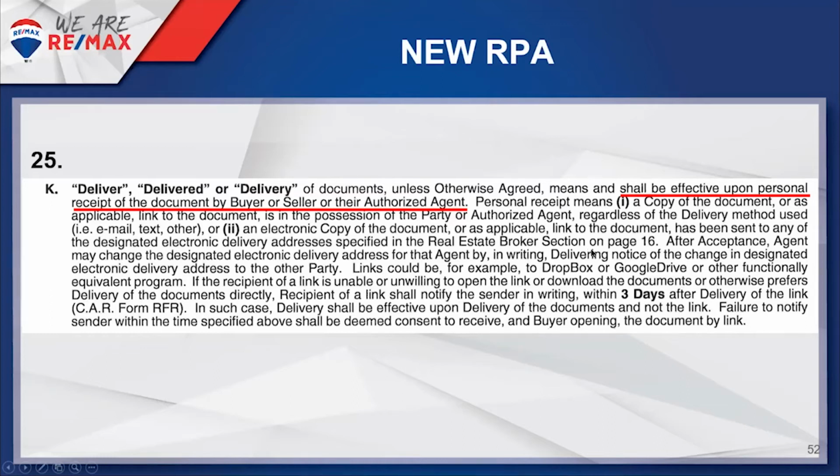Okay, so delivery shall be effective upon personal receipt of the document by the seller or the buyer or their authorized agent. So not any old agent or any young agent, but the agent named in the broker section, paragraph 16 that I showed you, and I'll show it to you again. That named agent, if that agent receives it, that's delivery.